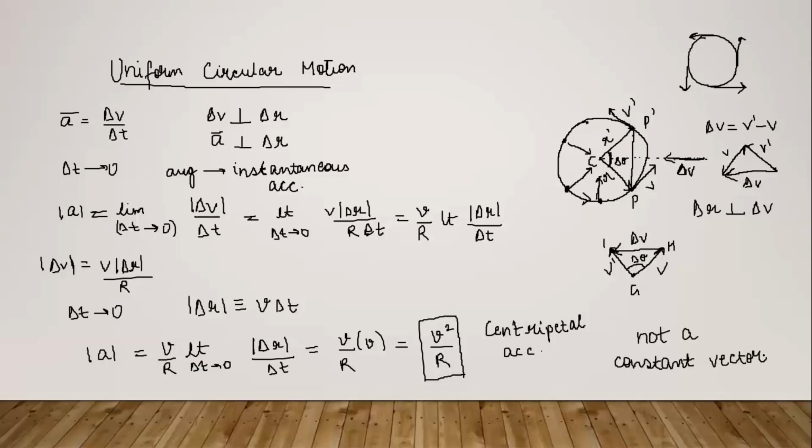Now we will also look at the concept of angular speed over here. As we saw in the previous diagram, the angle between the two vectors p and p dash was delta theta. Delta theta is called angular distance, because it tells us about the distance that the particle has traveled in terms of angle, how much angle it has covered when it has gone from p to p dash.